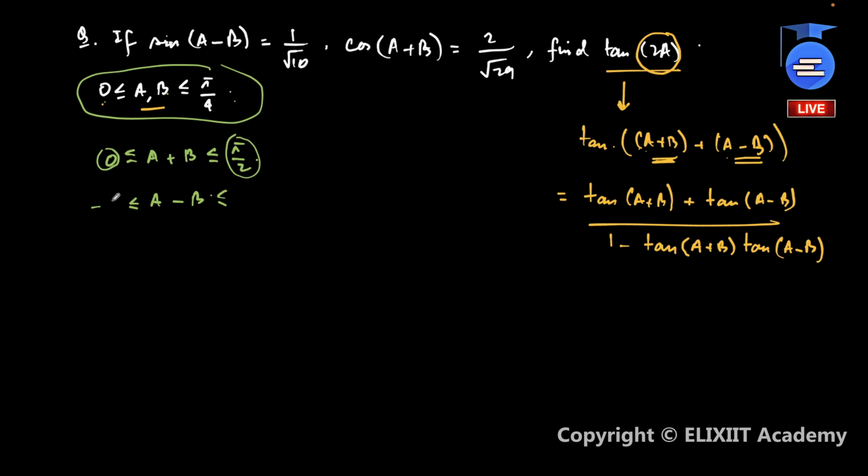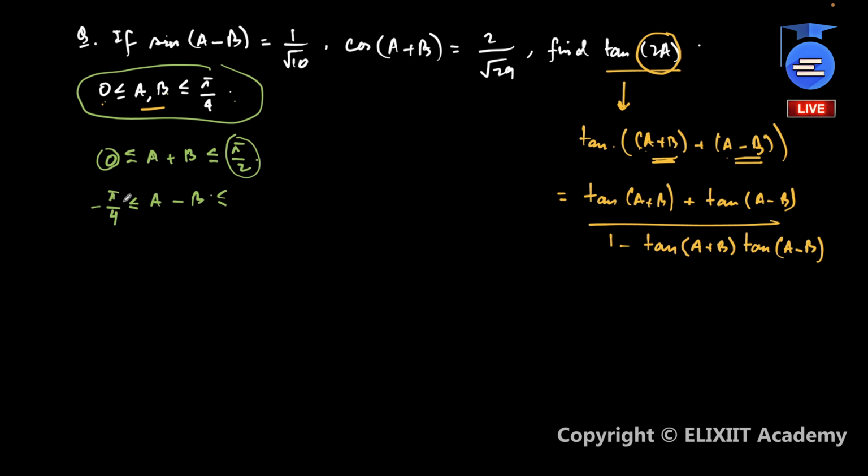That is basically, the minimum value will be minus pi by 4, because the minimum value of A is 0. So 0 minus pi by 4 will give you minus pi by 4. Clear with this concept? A minus B will be minimum when A is minimum and B is maximum. A is minimum when A is 0. B is maximum when B is pi by 4. So 0 minus pi by 4 will give you minus pi by 4.